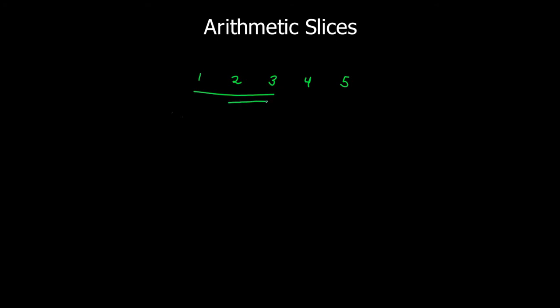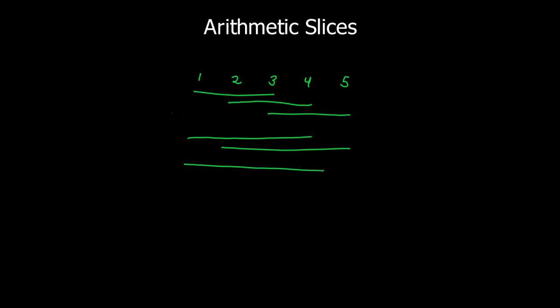Then 2, 3, 4 is also an arithmetic slice because it has 3 elements, and the difference between consecutive elements is also 1. Similarly, 3, 4, 5 is also an arithmetic slice, and then 1, 2, 3, 4 is another, and then 2, 3, 4, 5, and then finally 1, 2, 3, 4, 5. So this has a total of 6 arithmetic slices.